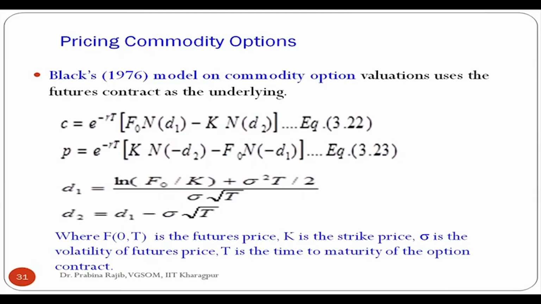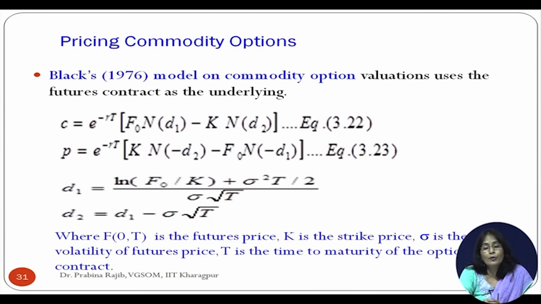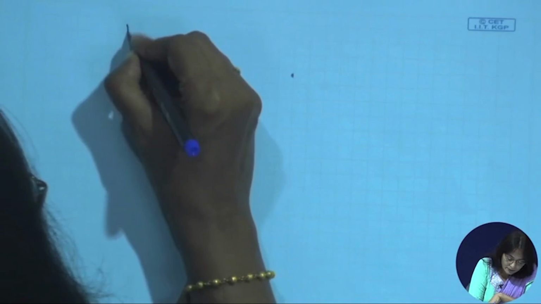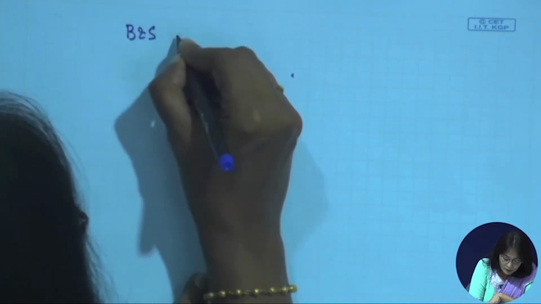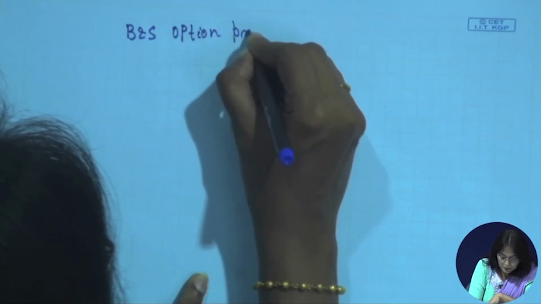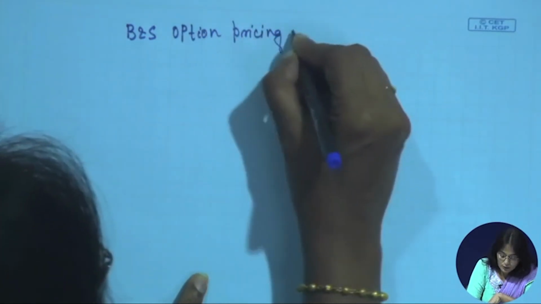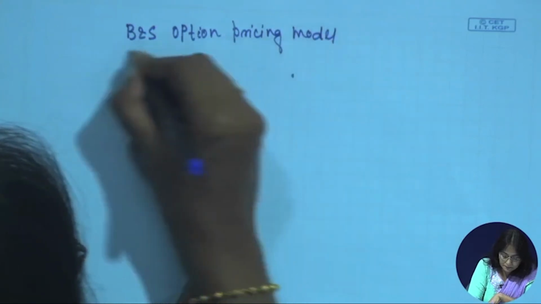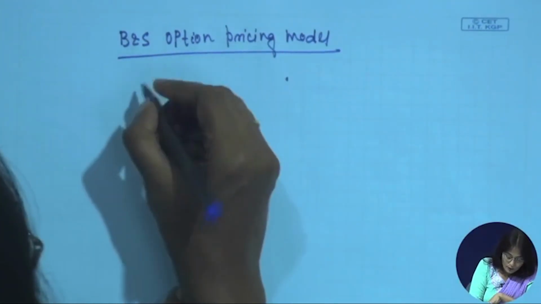In the year 1976, Fischer Black developed a model for pricing commodity options. If you recall your Black-Scholes option pricing model, let me briefly write it down.